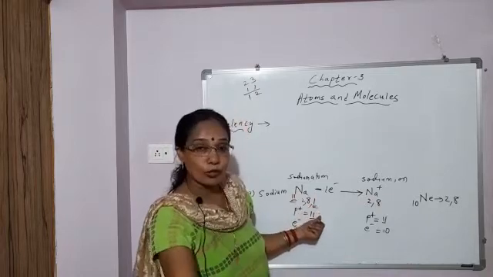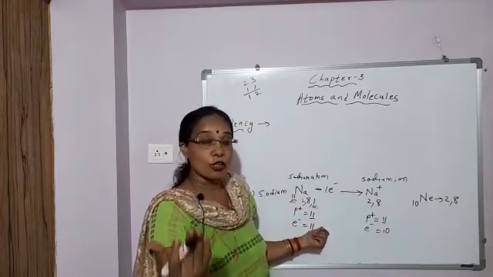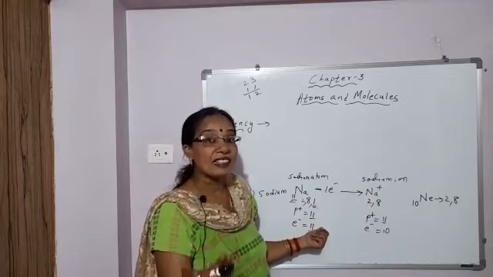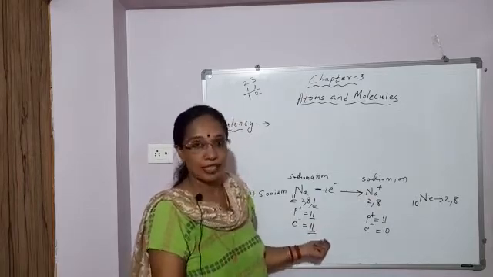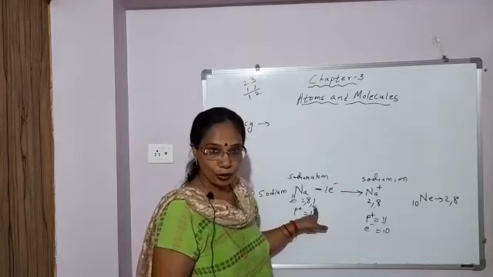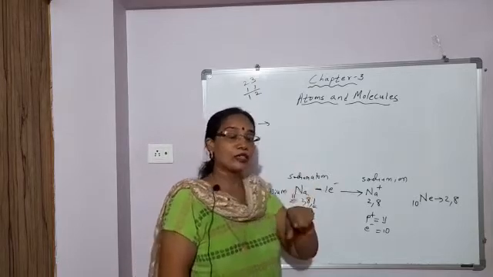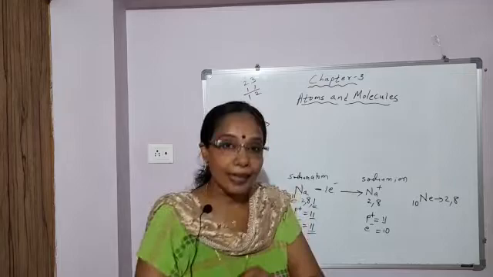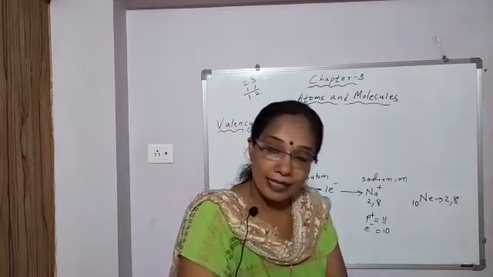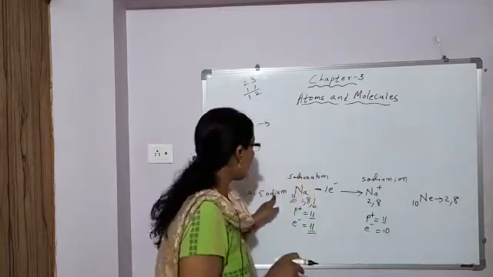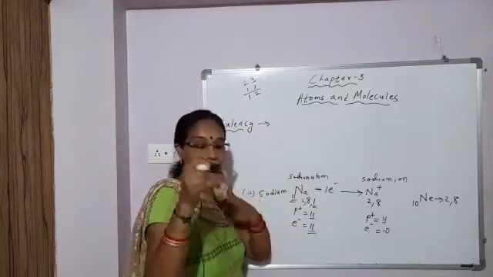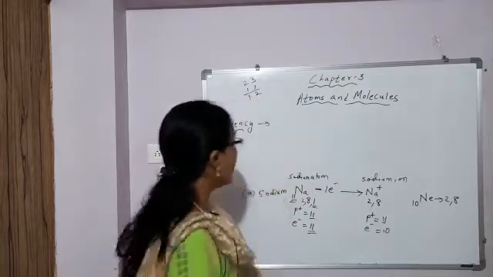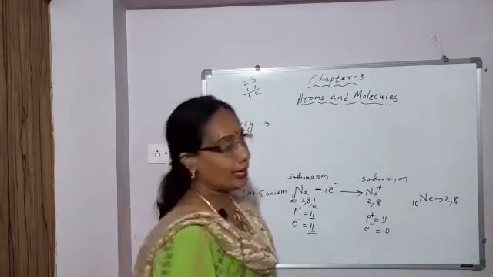It is losing its outermost electron. An outermost electron is also called valence electron. An outermost shell is also called valence shell. So it will lose its 1 electron to attain the electronic configuration of its nearest noble gas. So that is its valency. So what is valency of sodium? 1. Because it is losing 1 electron to attain the electronic configuration of its nearest noble gas.